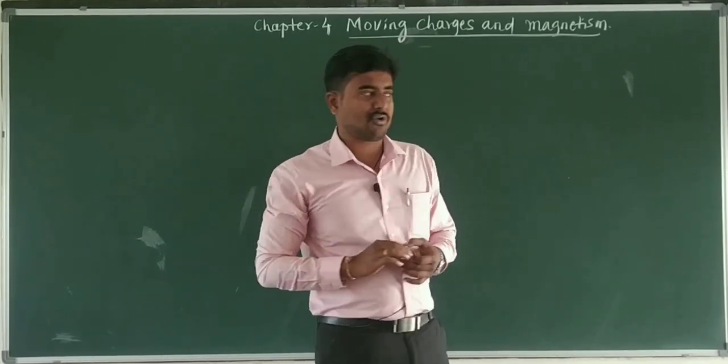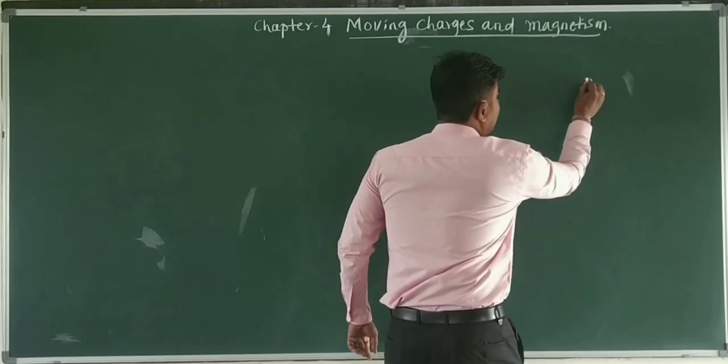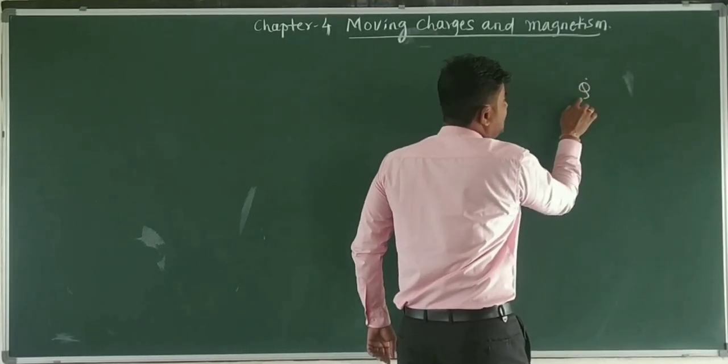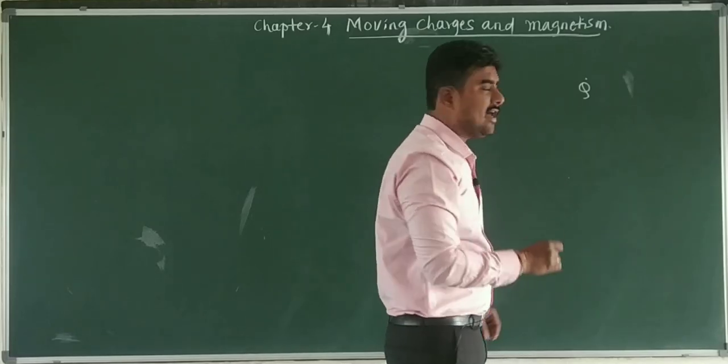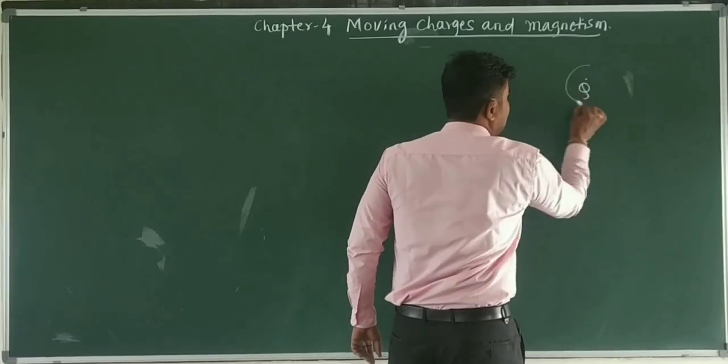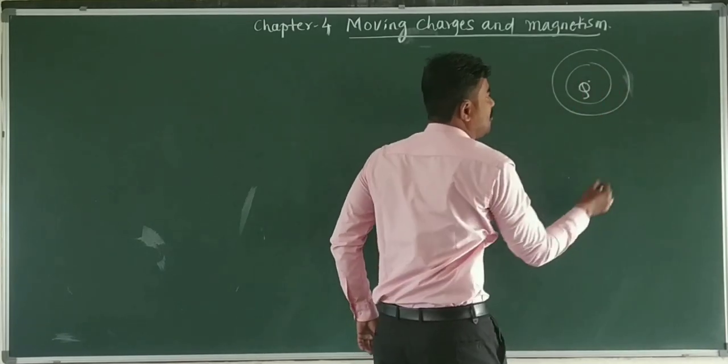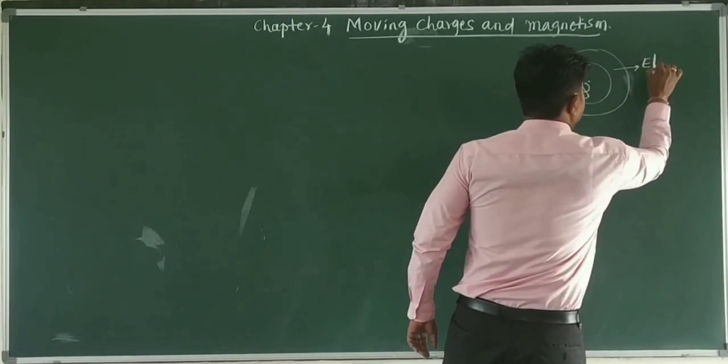electric charge. See here, if this is electric charge Q, this charge will create a field around it. This space around a charged particle is called what? Field. This is the electric field.